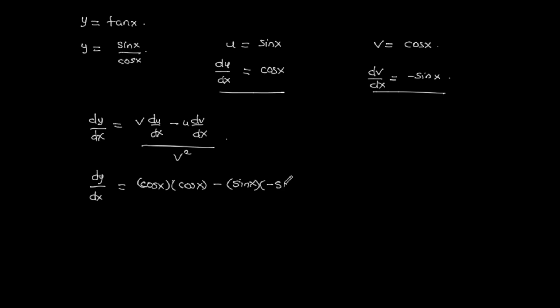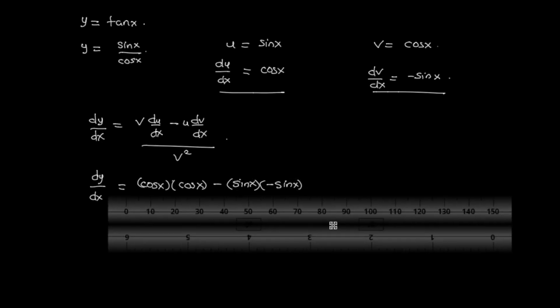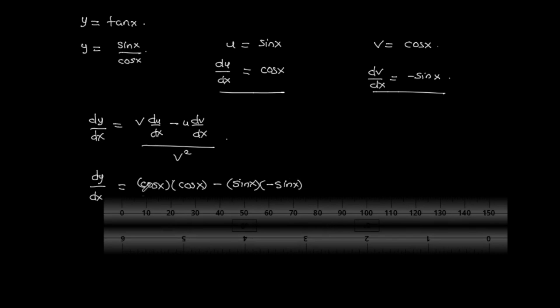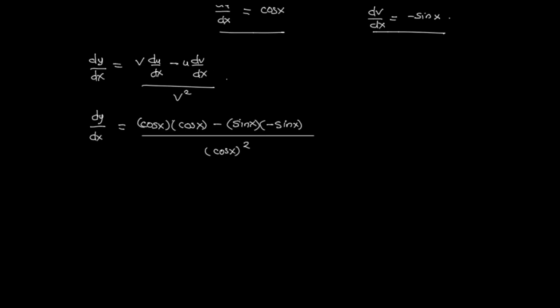Now we can go ahead and divide this numerator by the denominator, and our denominator is v square, where v is cos x. So we shall have here cos x squared.